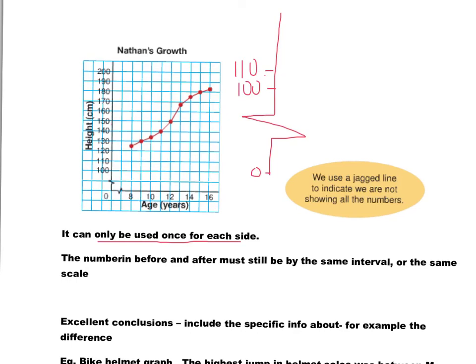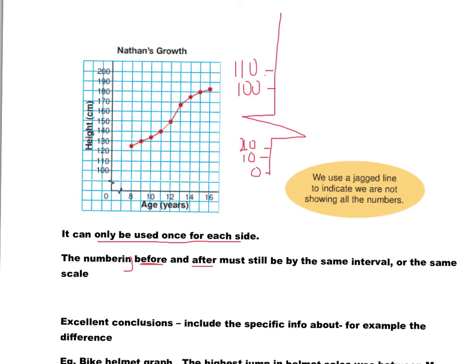The numbering, forgot the G there in my typing, before and after must still be in the same interval. So if I happen to count below here, say I had something smaller that I was recording, and I counted below here in tens, oops, that would have to be 10, that would have to be 20.